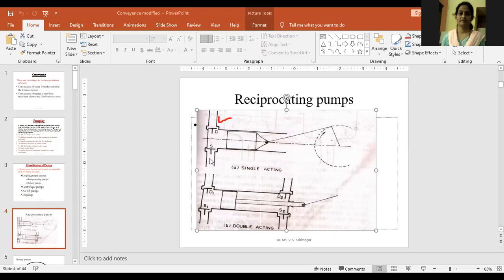So here you can see the design. When it is going down, because of the water pressure, it will close. It will not allow the water to pass in the reverse direction. But at the same time, this valve of the displacement pump will get open and it will allow the water to move in an upward direction.